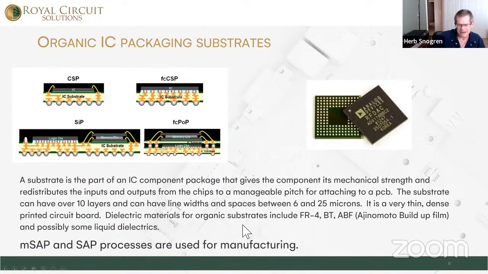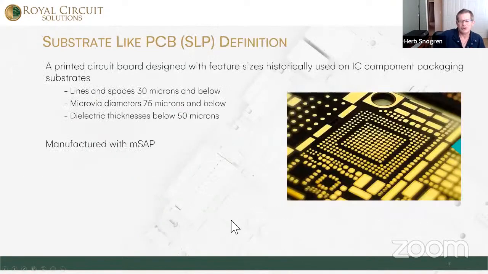So I show this just to show you that industry has been around for quite a while, and they're kind of leading the way for printed circuit boards. So we're kind of following in their path. And that's why there's a new type of printed circuit board terminology out there that we call substrate-like PCBs, or SLPs.